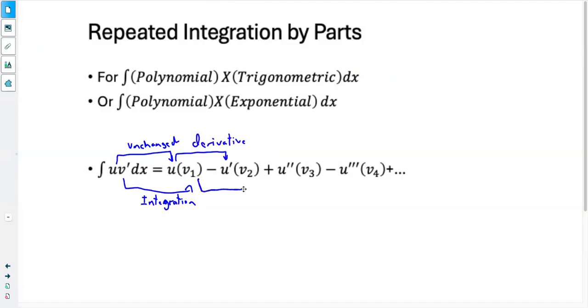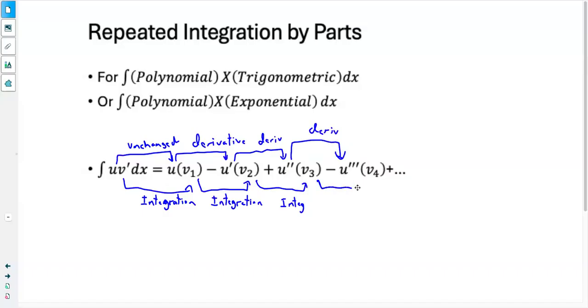While going from here to here, we're going to integrate again. And then going from here to here, we'll take the derivative. While going from here to here, we will once again integrate. Going from here to here, once again, take the derivative.